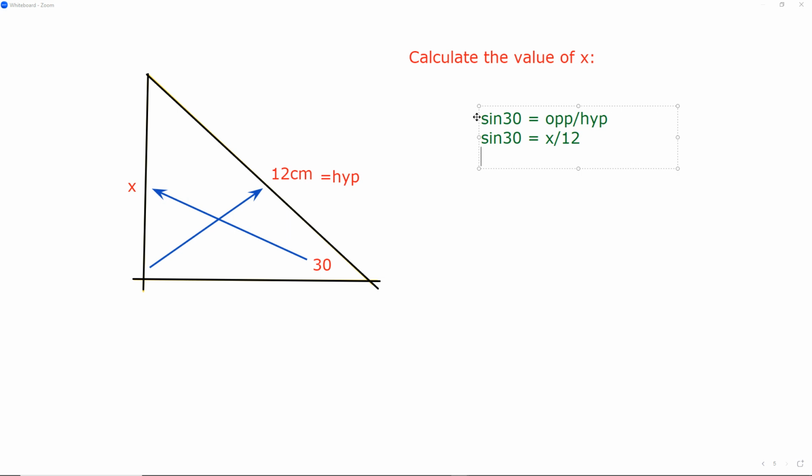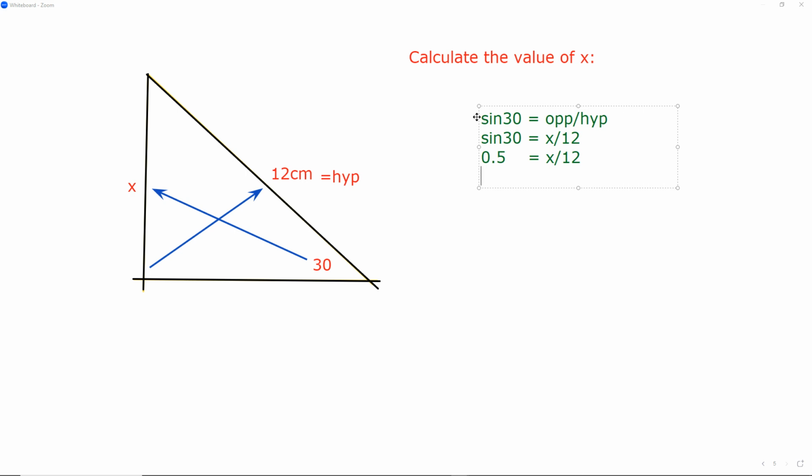Now, on your calculator, if you push sine 30, it'll come to a half or 0.5. That'll equal x over 12. Now you have an equation, you have an unknown value of x, and you have to solve for it.